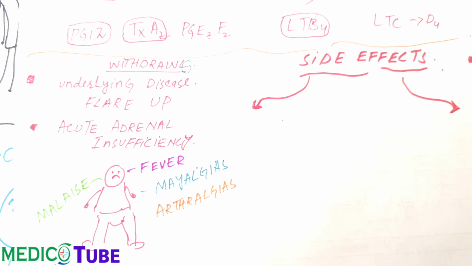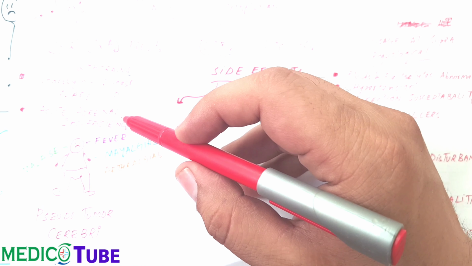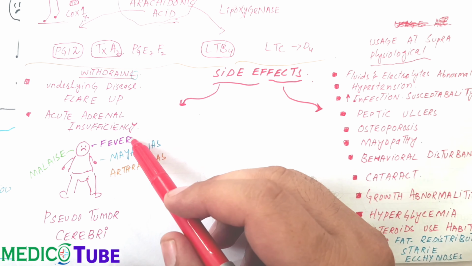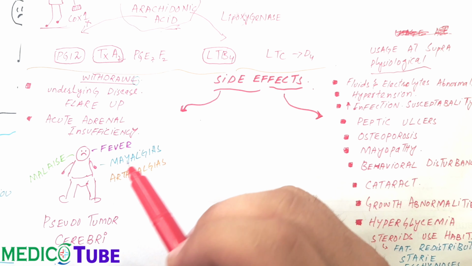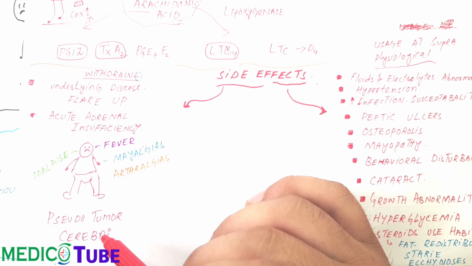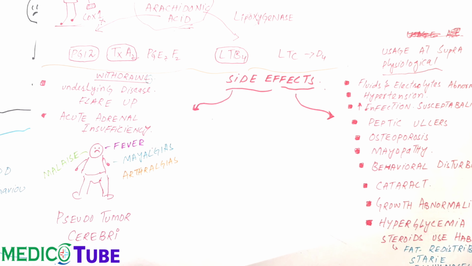Then the next one is acute adrenal insufficiency, and then steroid withdrawal can cause fever, myalgia, arthralgia, malaise, and pseudotumor cerebri. It's like there is no tumor, but the patient feels like there is a tumor.